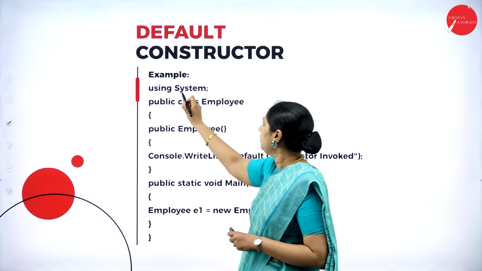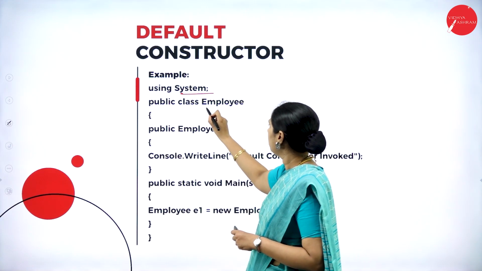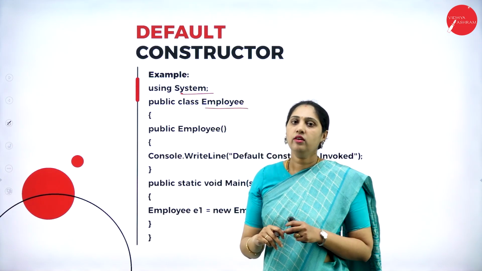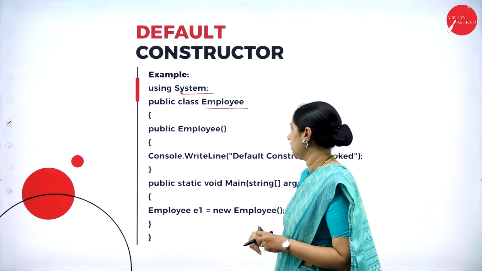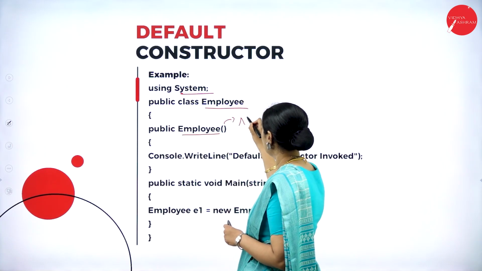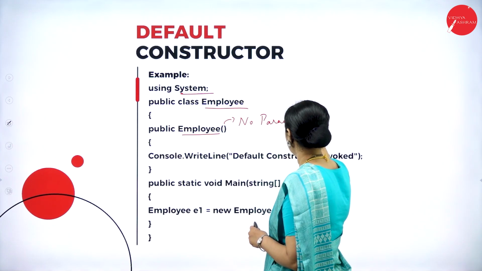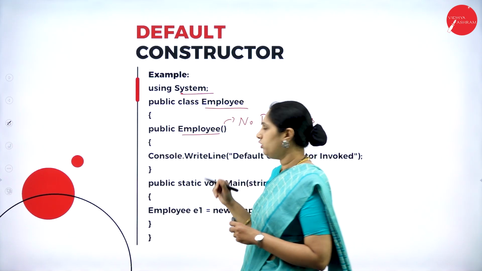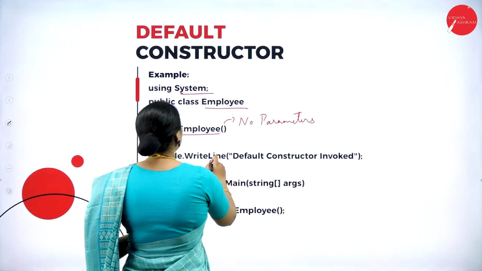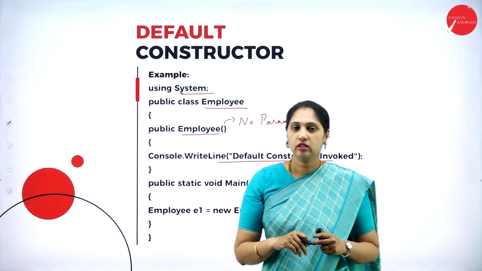Then this is the example for default constructor. So starting from the namespace, using System, we have already discussed. Then we'll take a class Employee. And now we'll create what? The default constructor. Say Employee, no parameters, but we have to write empty parentheses. What we do in this Employee is just print a message, "default constructor is invoked".